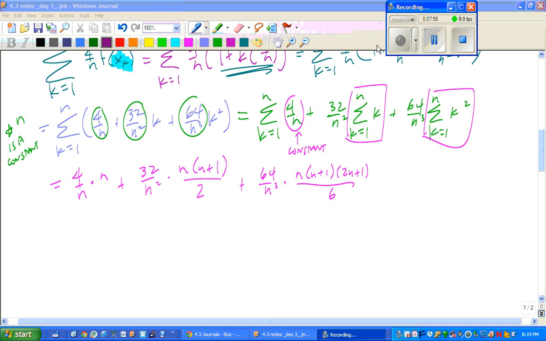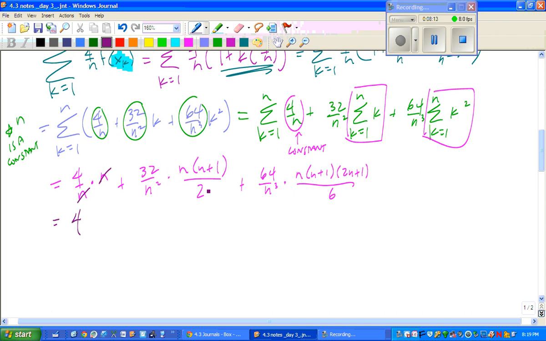All right, a little algebra here, a little distributing, a little combining like terms, some canceling out of things. This first one, the n's are going to cancel out, so we're just left with 4. Here, 32 over the 2 simplifies to 16 over 1. This n cancels out with one of these, so we're left with 16 times n plus 1 on top over n.